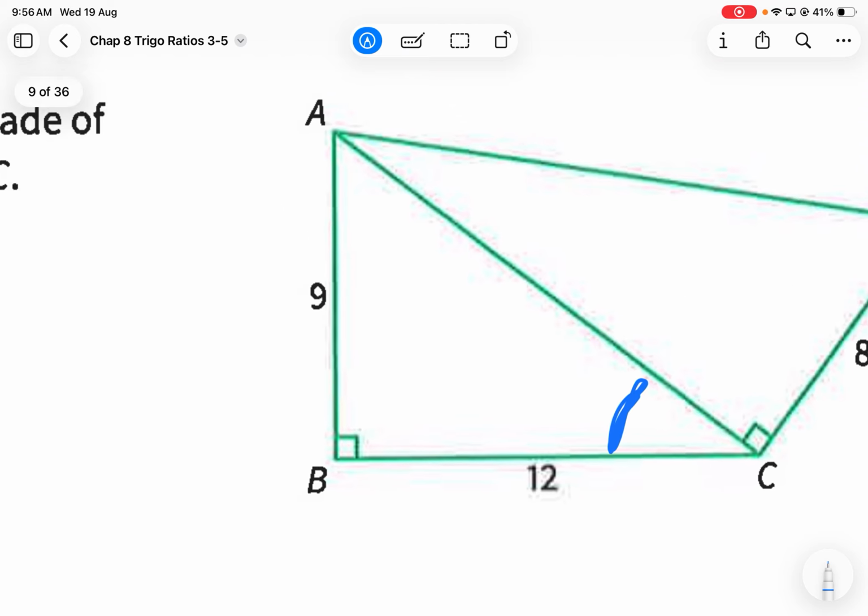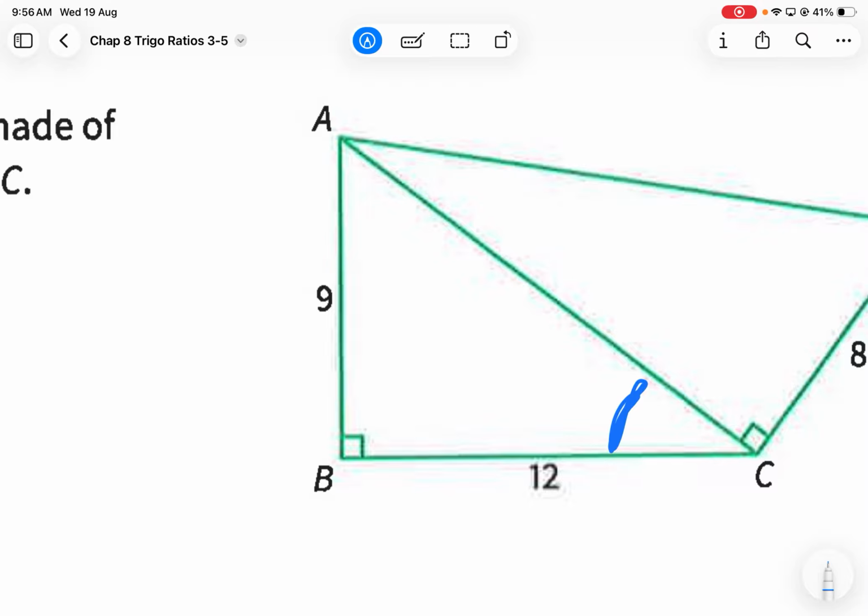I want to find this angle, so I have to look inside this right angle triangle.